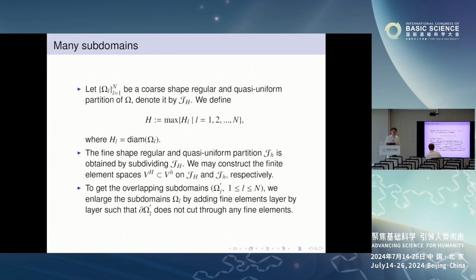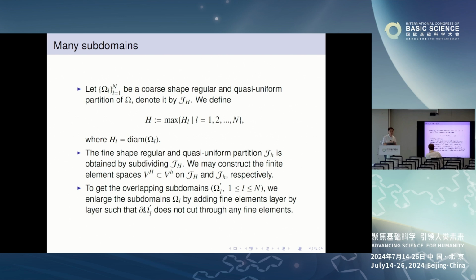So in this case, we should consider many subdomains. Why? Because this is very important for parallel computing. We can use multiple processes on the subdomains to solve the local problems together and combine them. This is the idea of the domain decomposition method. So actually, we should consider many subdomains.